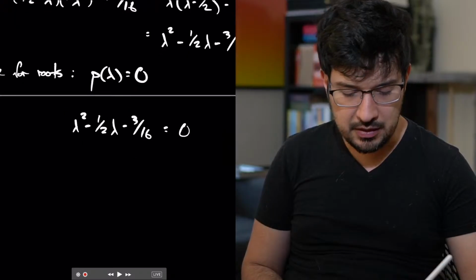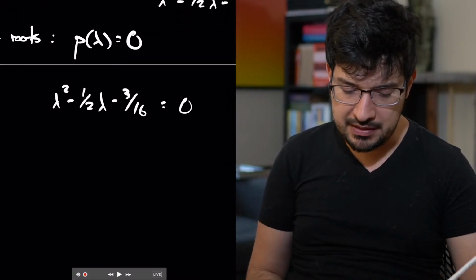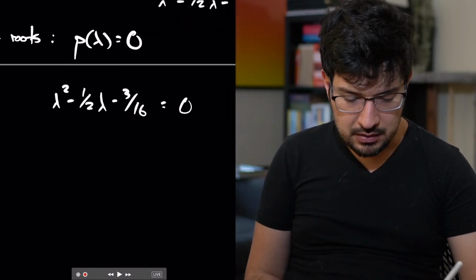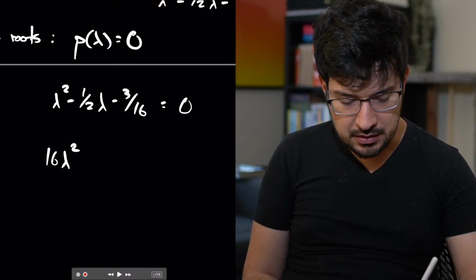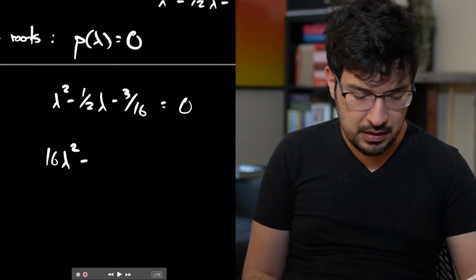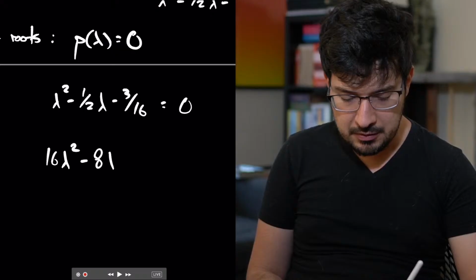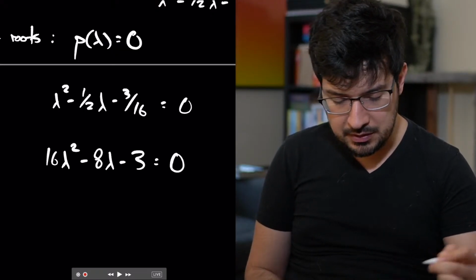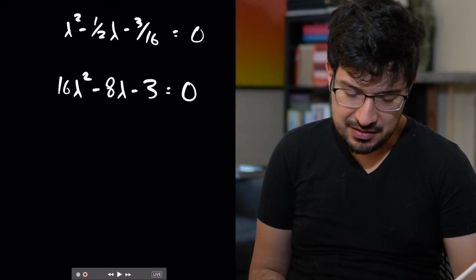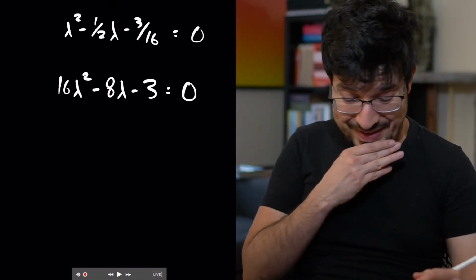Let's multiply the whole equation by 16. Then we get 16 lambda squared minus 8 lambda minus 3 equals 0. Is this easier to factor? I don't know, maybe.